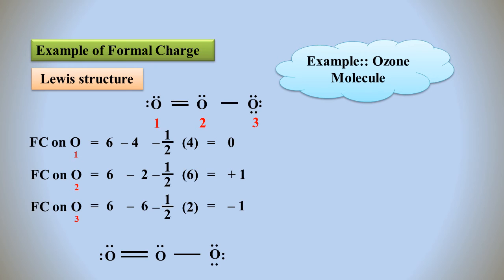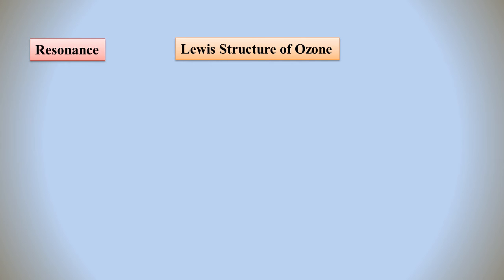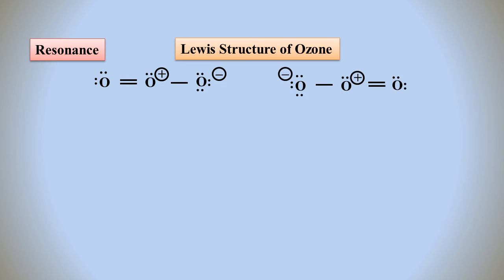And here we have one negative, meaning one bond, and the rest is unbonded. So we can write the positive charge on this oxygen atom, and we can write it on the other atom. So we have resonance in the Lewis structure for ozone. If we write it, we can write O, O plus and O negative for the Lewis structure of ozone.